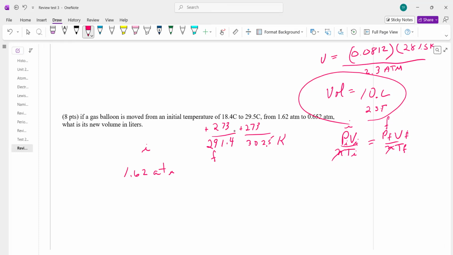Initial volume is... I didn't give the initial volume. Let's say it was 215 liters.